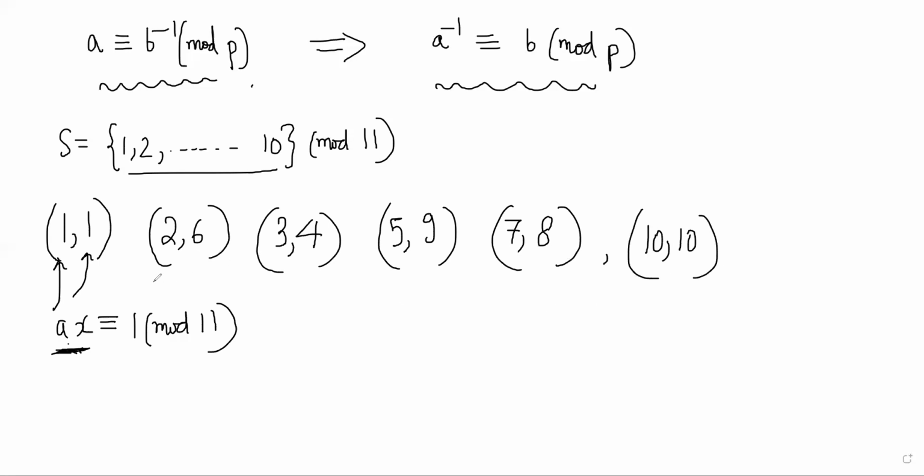But can we show that there is only one inverse of each number? That the inverse is unique?